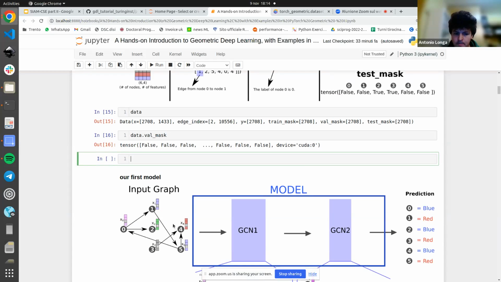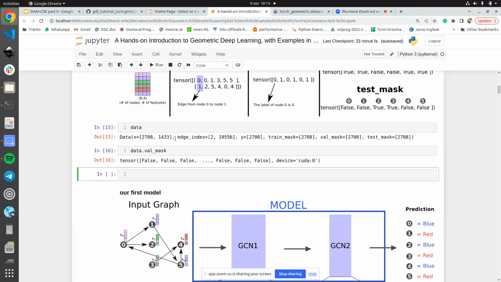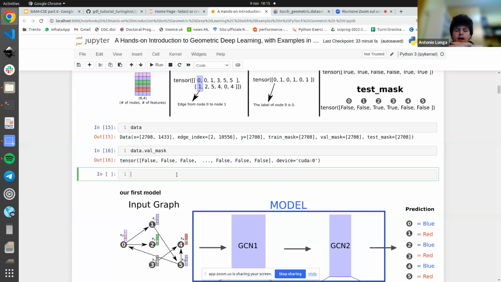The model is going to be... Sorry, I have a question. Sure. Is this the only way to represent graphs? Is this a standard way to represent graph data? Well, in PyTorch Geometric, yes, because when you have a graph, you can store it as an adjacency matrix or as an edge list.